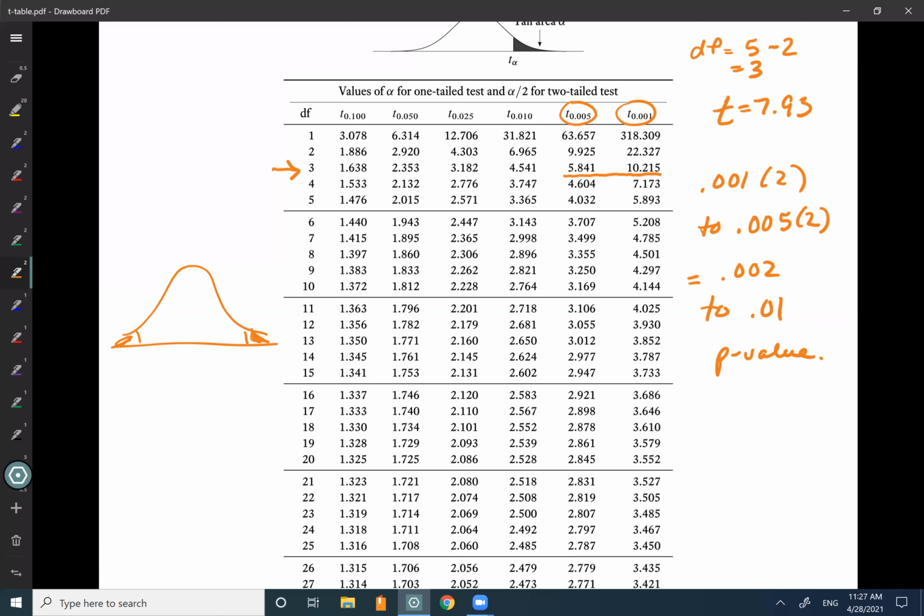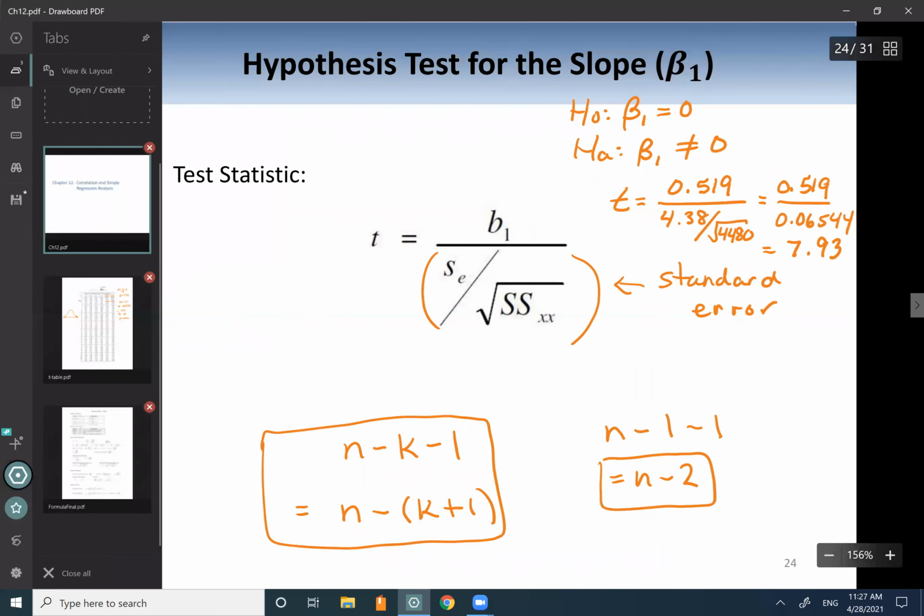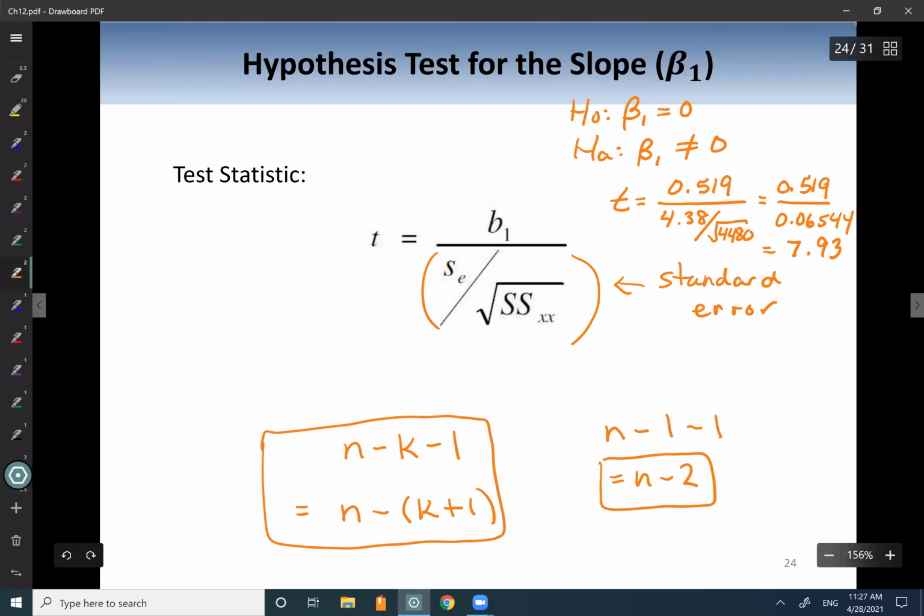And because that value is so small, we would then reject the null hypothesis and accept that the slope coefficient is different from 0. What that means then is that the predictor x, which was in this case time spent, right?